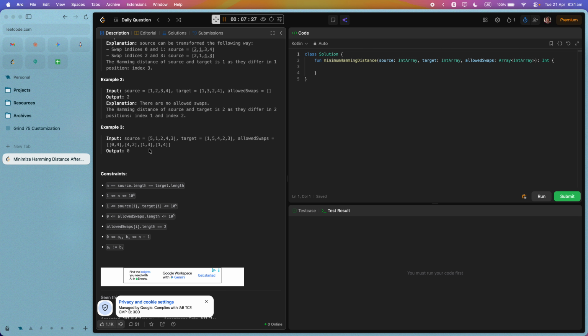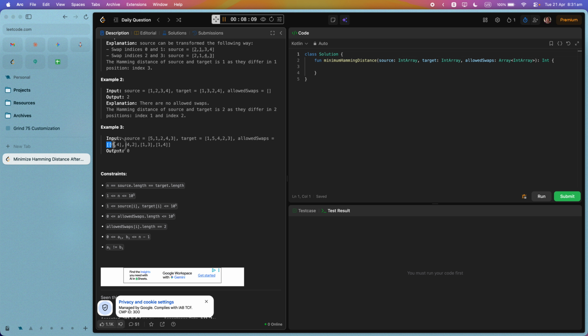Even the brute force is not clear yet. Can I swap this? So, 1, 2, 3, 4, 0.